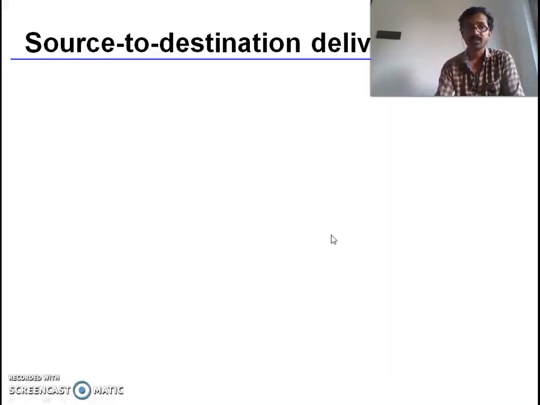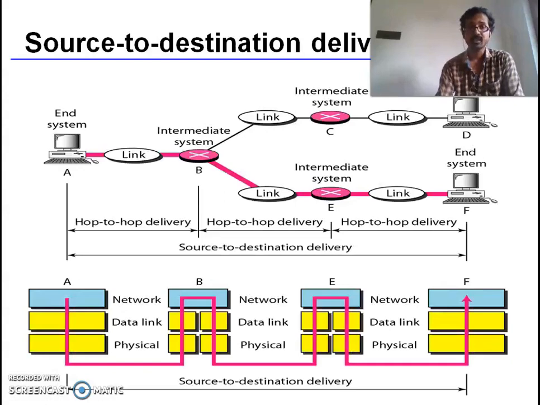And next is the representation of source to destination delivery of packets. In the network layer, data is in the form of packets. The main responsibility of the network layer, as I already told you, is that it delivers the packets from the source host directly to the destination host.